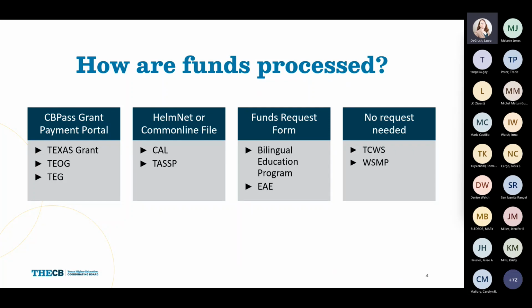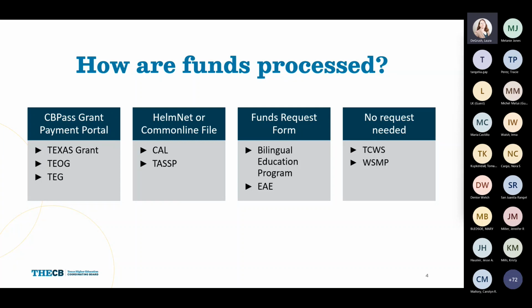Then we're going to look a little closer at our loans and related scholarships. HelmNet is a separate avenue. It's a separate portal, and there's also a different means and method related to college access loans, which is called Commonline.